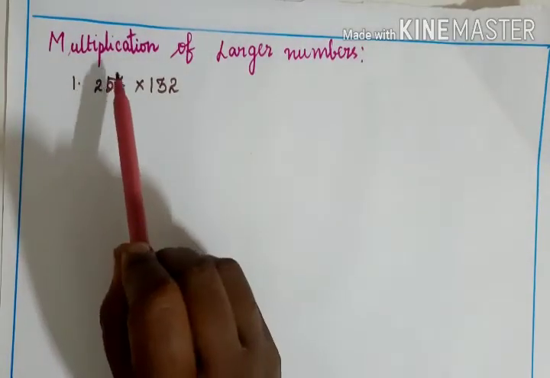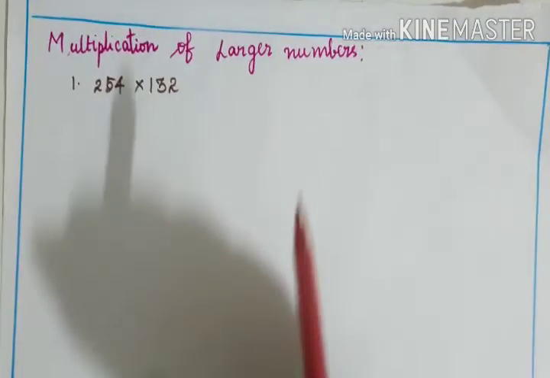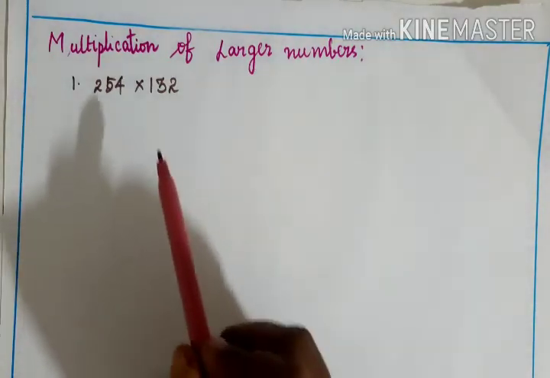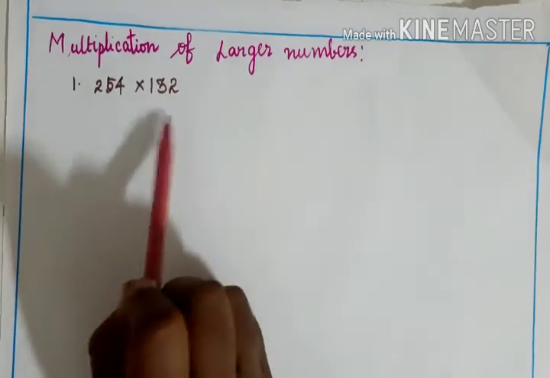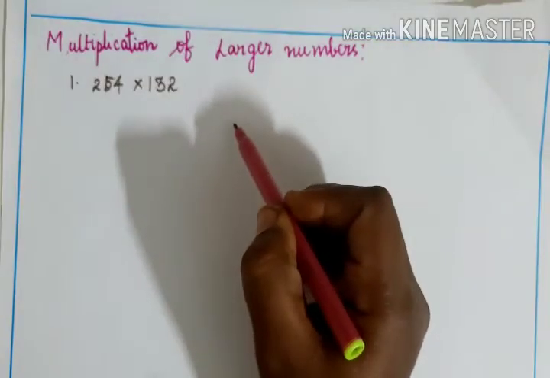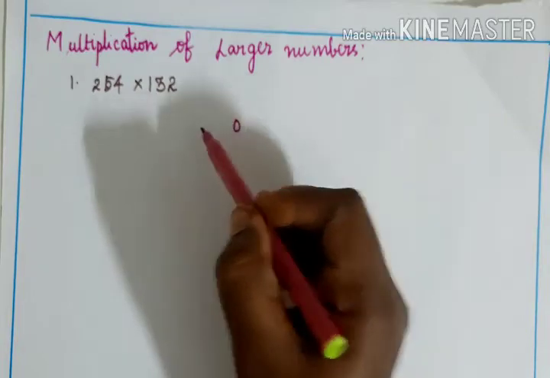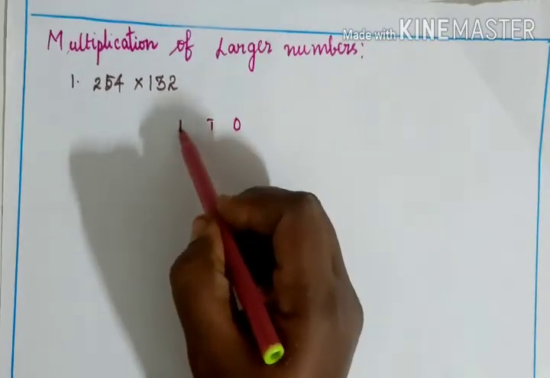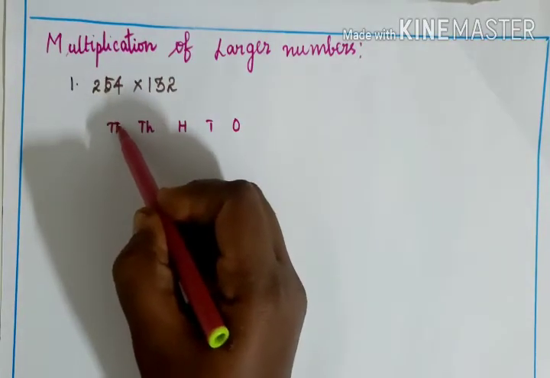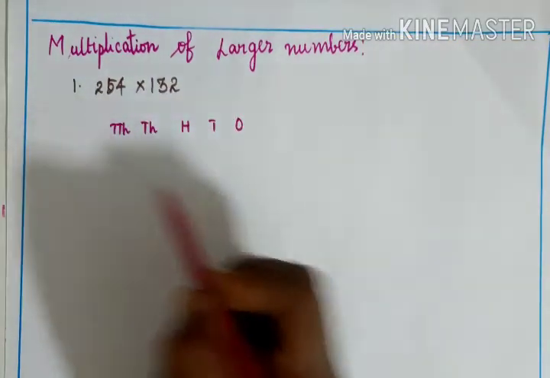Next we are going to see multiplication of larger numbers. Before, in earlier classes, you would have multiplied 2-digit numbers. Now we are going to multiply with 3-digit numbers. For this, first we have to write the place values of the numbers: ones, tens, hundreds, thousands, ten thousands, like that you can write and keep.